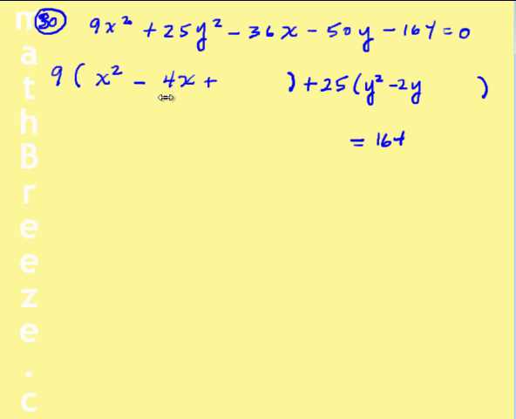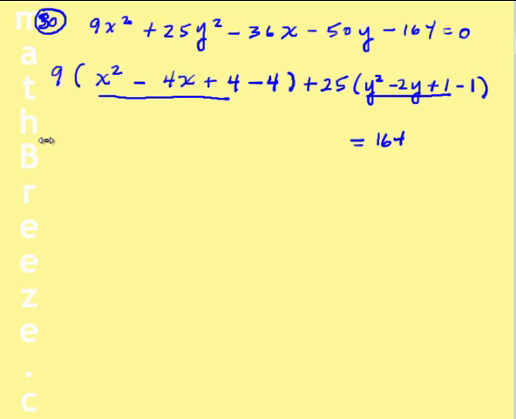Now complete the square. We're going to add and subtract half the middle term squared. So we're going to add 4, subtract 4, and here add and subtract half of 2 squared. So add 1, subtract 1. All right, so this piece is a perfect square, and so is this piece.